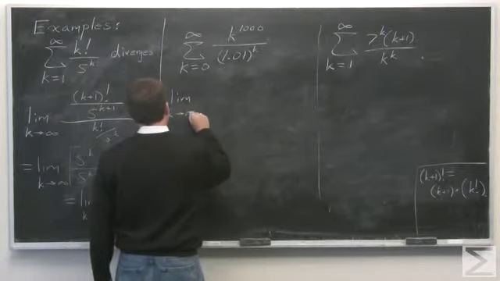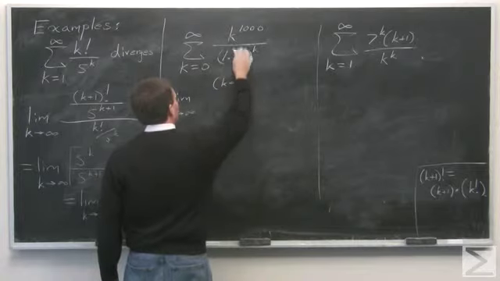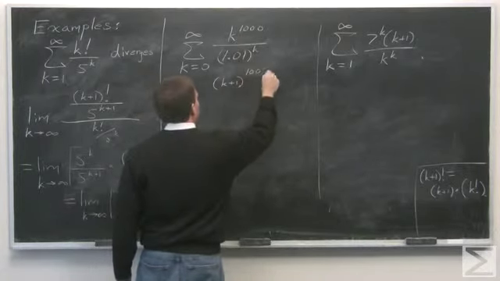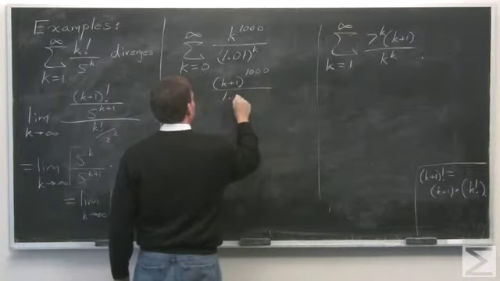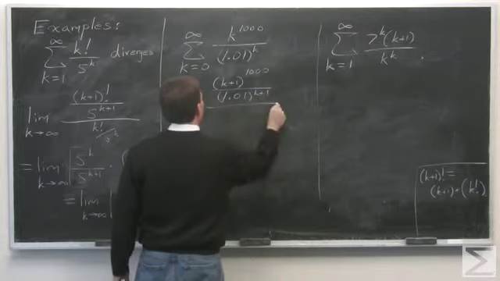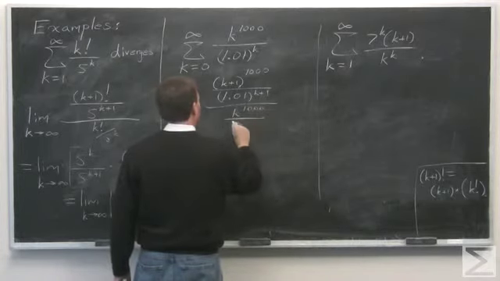So you take the limit as k approaches infinity of the k plus first term. You replace both k's by the quantity k plus 1: k plus 1 to the 1,000 over 1.01 to the k plus 1. And you divide by the kth term, which is k to the 1,000 over 1.01 to the k.